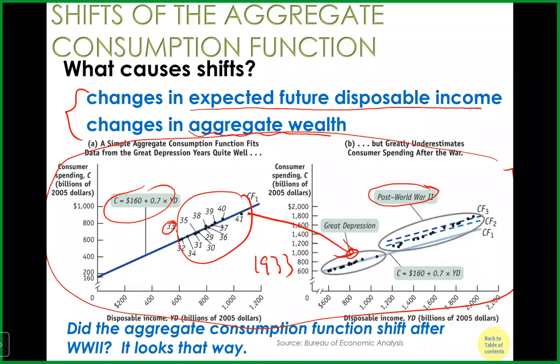The first one, this group of data moves up. Furthermore, if you fit this group of data with the consumption function, you're going to see the curve is steeper. A steeper curve means you have a higher MPC. Does that make sense? Can you see that?